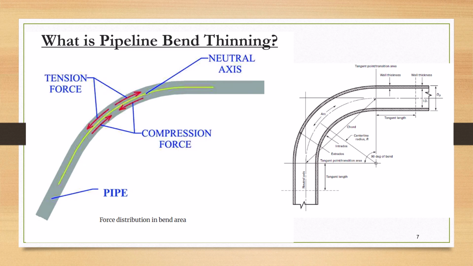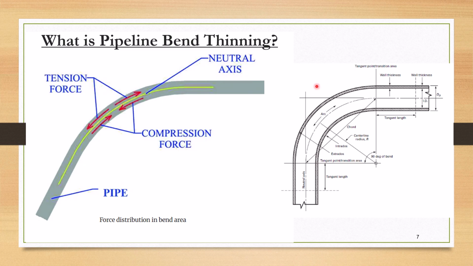Similar details are again explained here. You can see that this is the center line radius, this is the intrados, the inside bend radius, and the outside is the extrados or outside bend radius. This is the neutral axis, this is the tangent length, this is the wall thickness, this is the tangent point transition area.